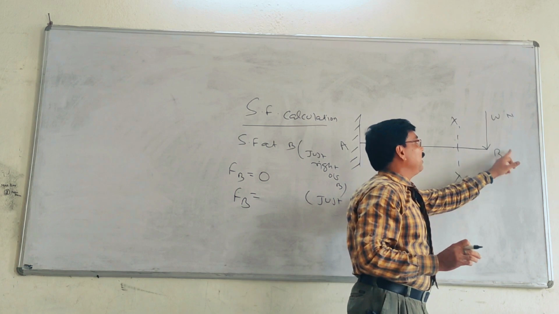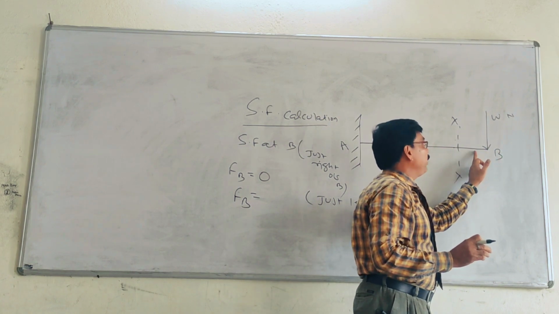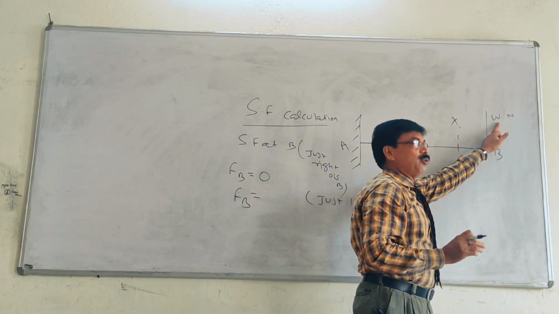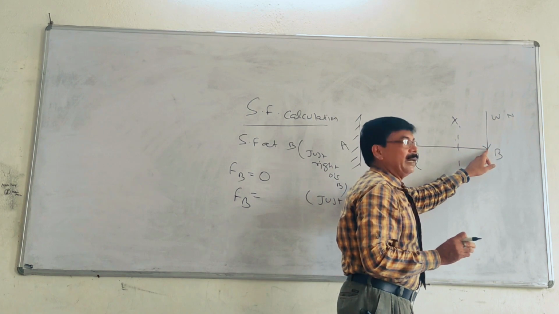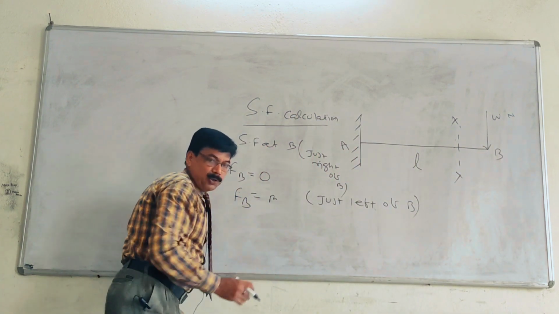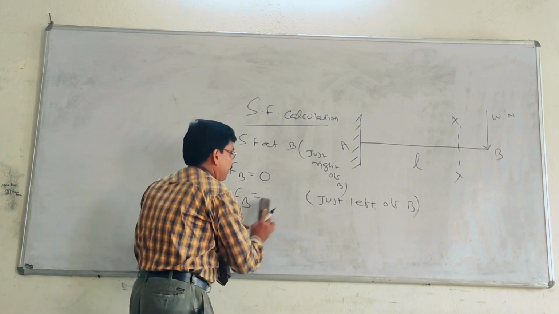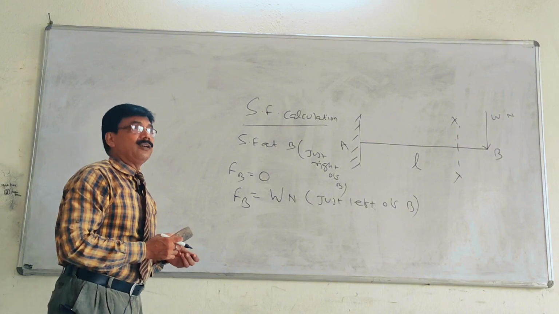Right of B there is no effect of W, but left of B the effect has magnitude W. So if the beam shears, it is due to W Newton. So the shear force value will be W Newton.